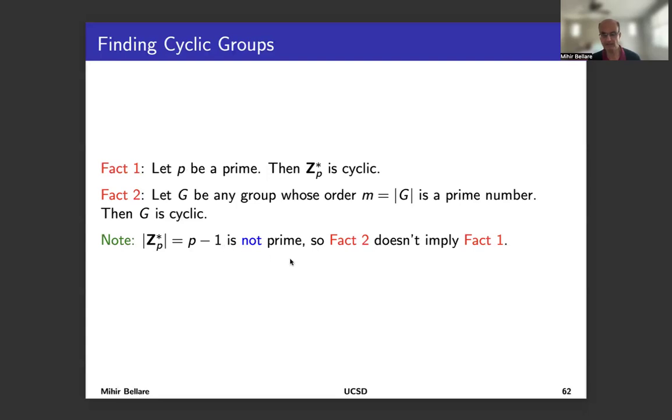And in particular, that's not a prime because p is usually odd, and so p minus 1 is even. And so this is not the fact that yields this one, rather it's just a fact by itself. This is worth emphasizing again, that the order or size of Z p star is not p, it's p minus 1. There's one less thing than what you're modding with.